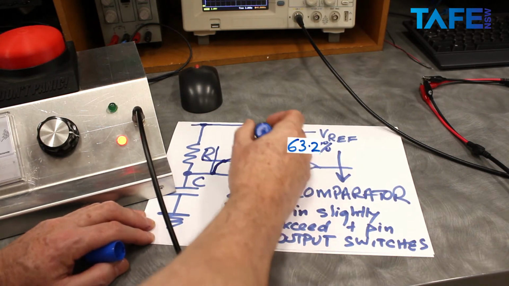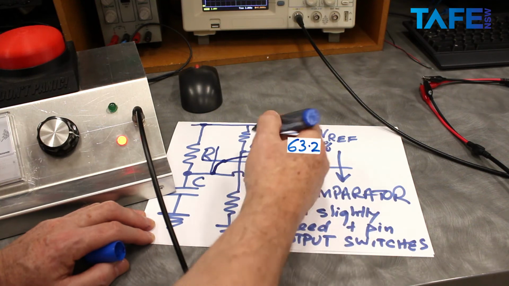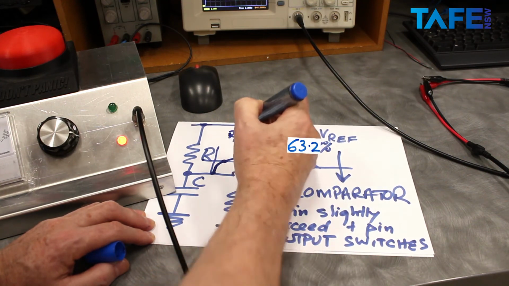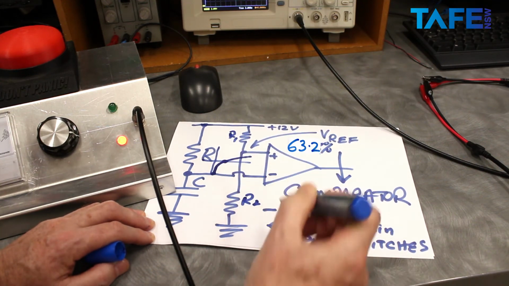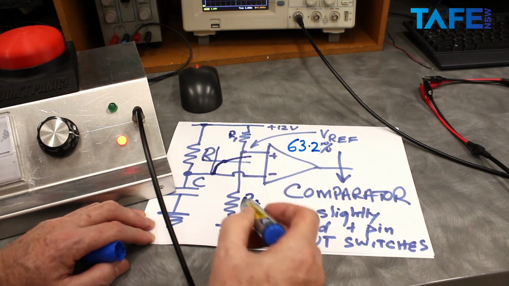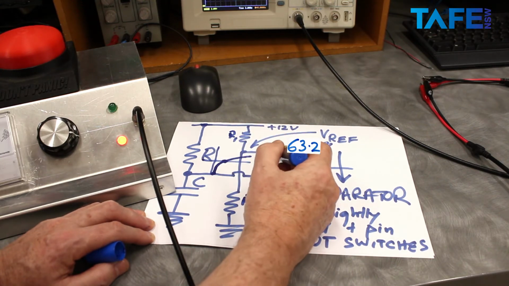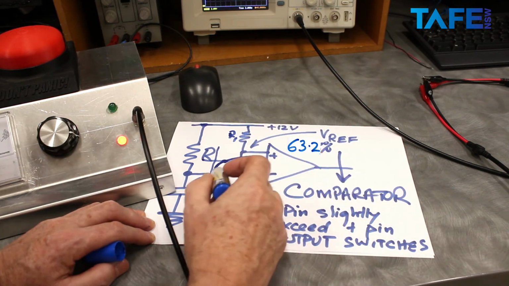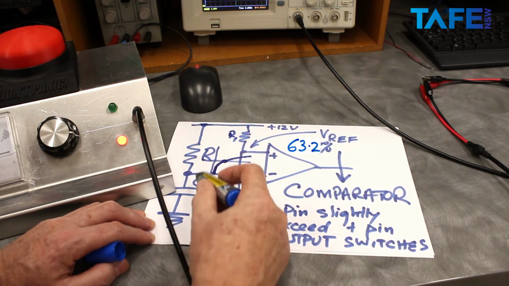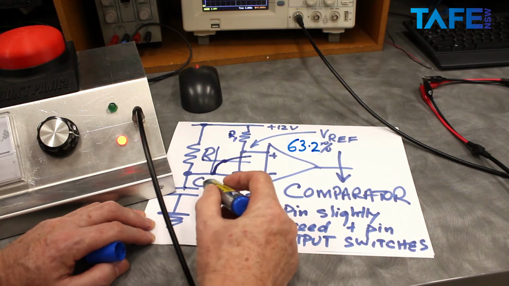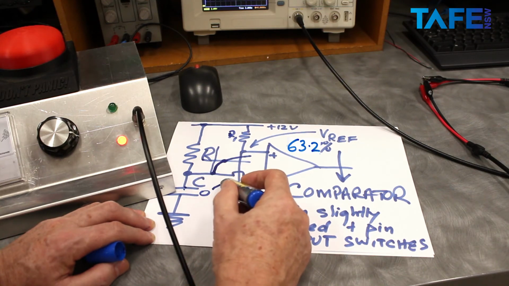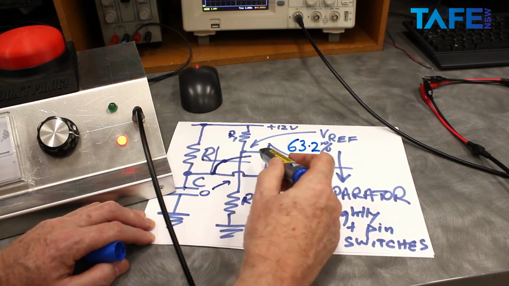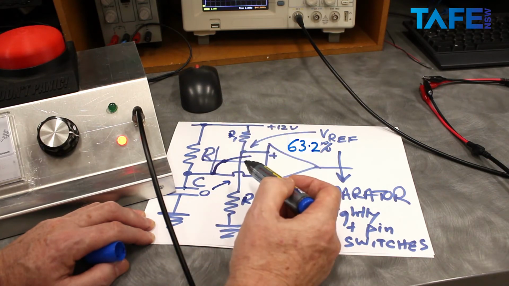So this is a reference point set up with a voltage divider between R1 and R2. That reference voltage is set, and if I set that at 64%, say, of 12 volts, well, when I turn the circuit on, this capacitor starts at 0, and then it quickly comes up towards that 64% of 12 volts.